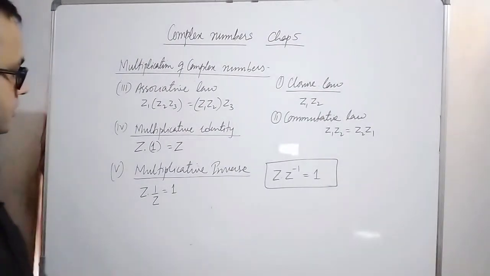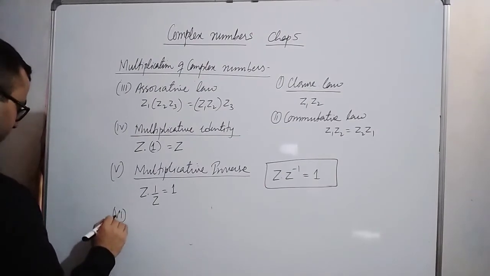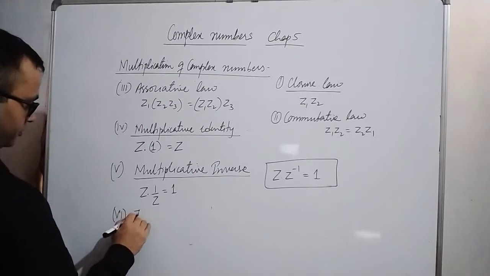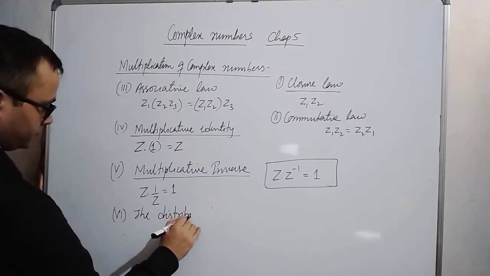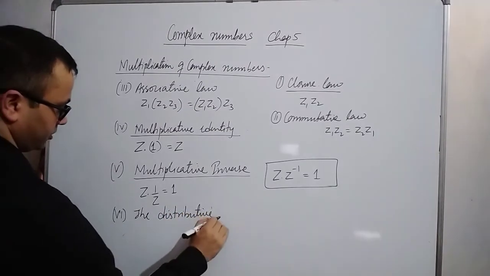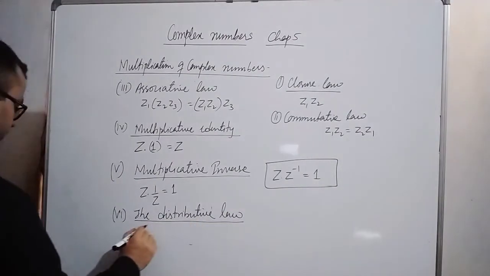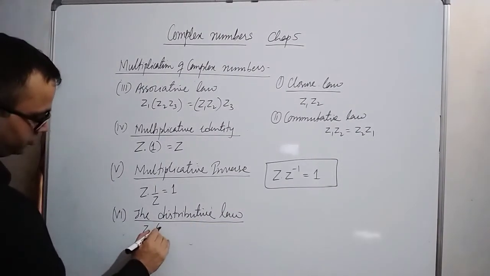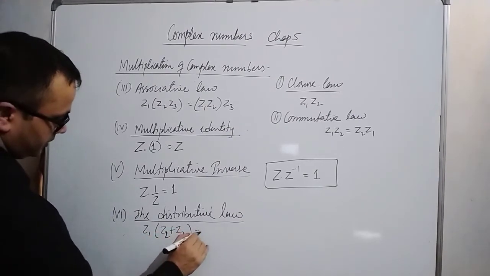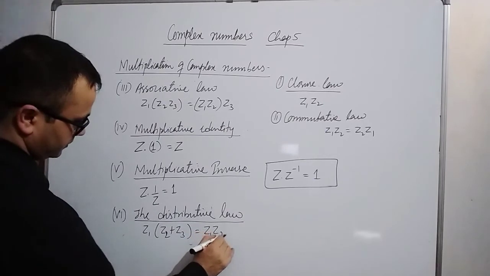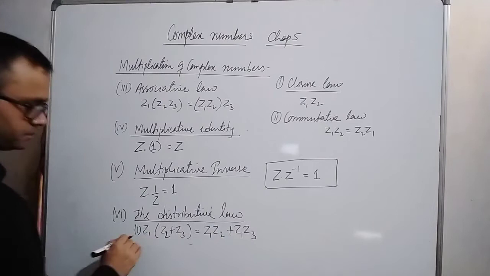And last one, number 6, is the distributive law. In distributive law, Z1 into (Z2 plus Z3) equals Z1 Z2 plus Z1 Z3. This is property number 1.